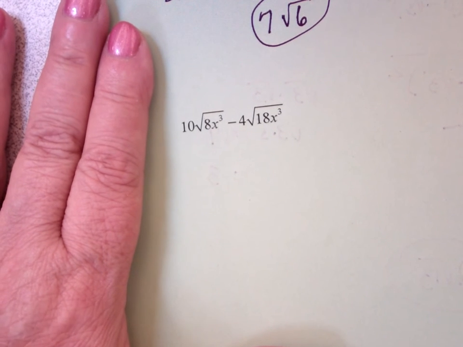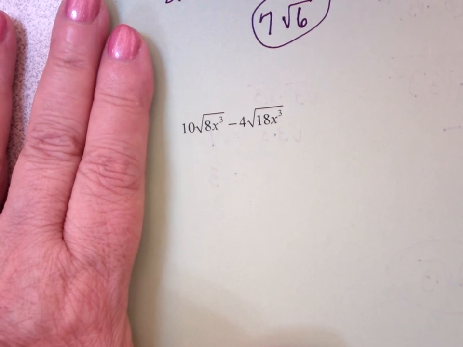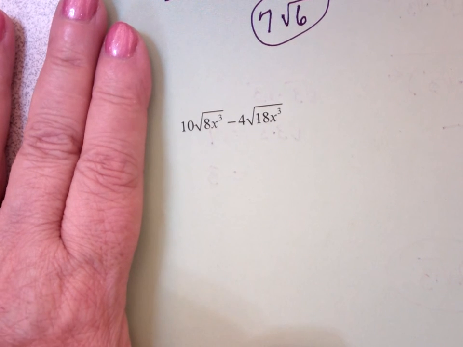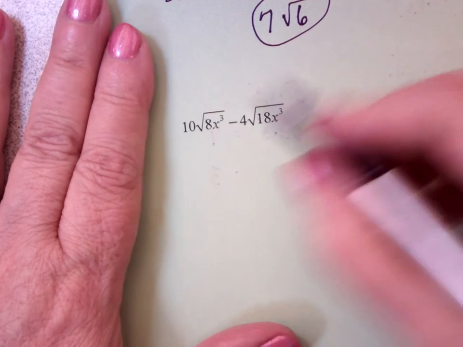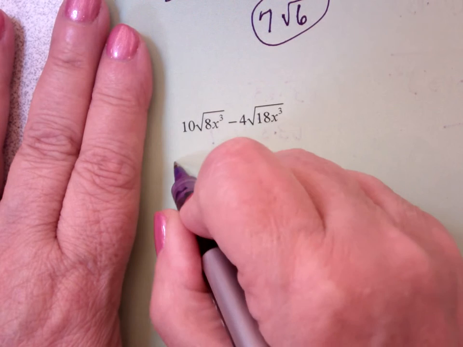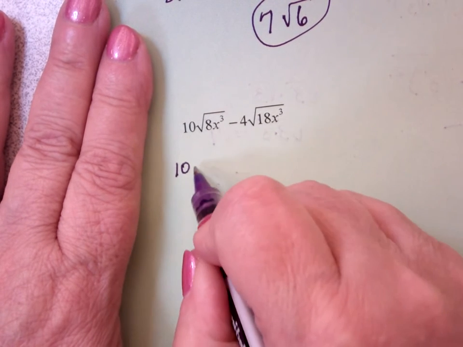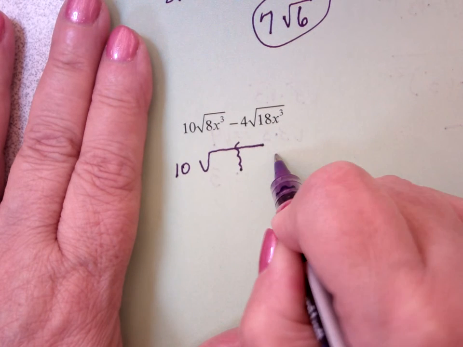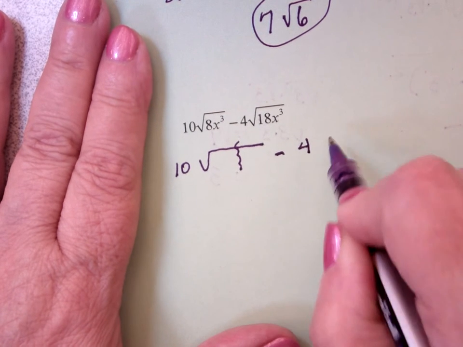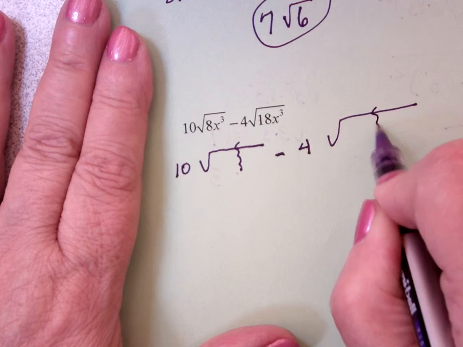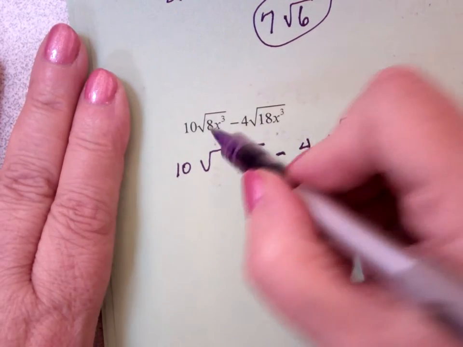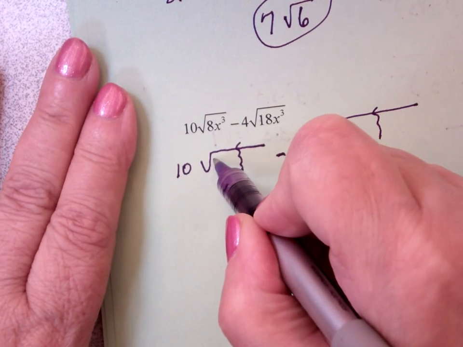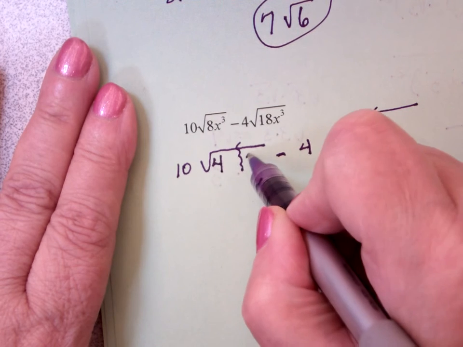I'm back to square roots. I'm going from square roots to cube roots back to square roots. And I need the square in, and so this is going to be 10, and I'm going to take this guy, minus 4, and then this guy. The square in 8 is 4 with 2 left over.